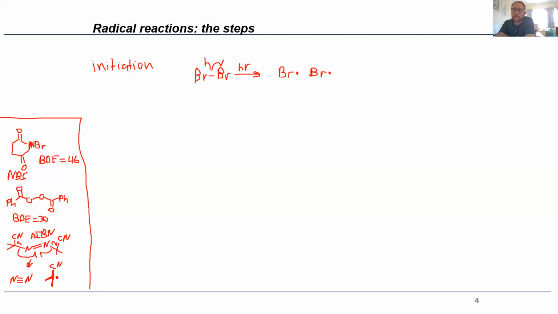But that's not synthetically useful anymore, because you're also breaking all the strong bonds of the solvent. You're homolyzing every CH bond, which cannot really be of synthetic use. So for the wavelengths that we want to use in a chemistry lab, we can only break weak bonds, and that's to our advantage.